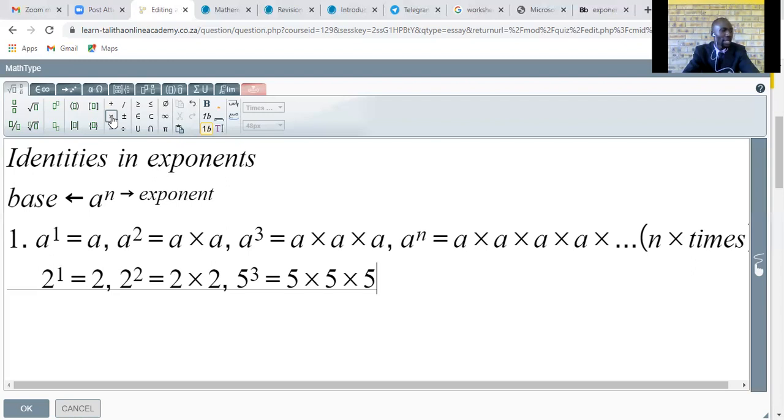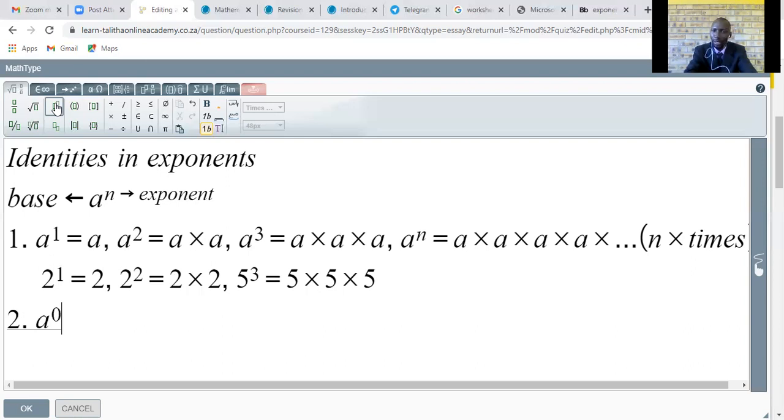Well, what is the second identity we want to look at? The second identity comes from the fact that if a number, say A, is raised to a power of 0, that is, if a number or a letter A has got exponent 0, what does this give us?